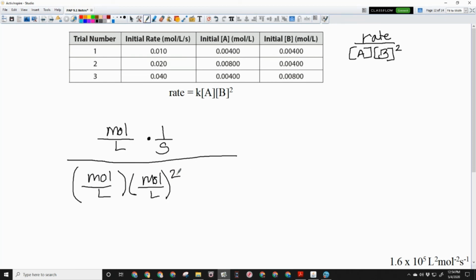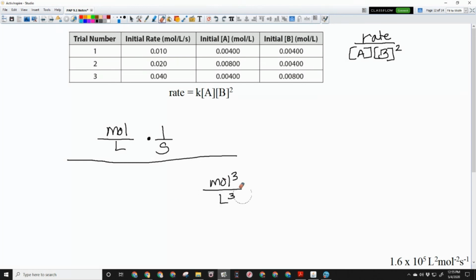Moles times moles squared is moles to the third. Liters times liters squared is liters to the third. All right, so now we've simplified this to this. So it's this divided by this.